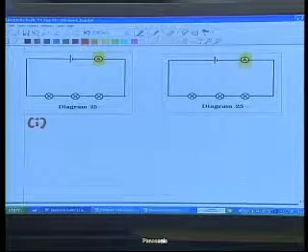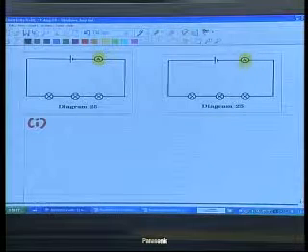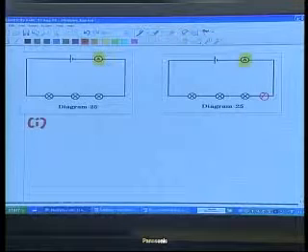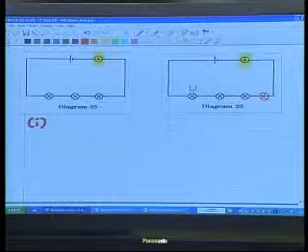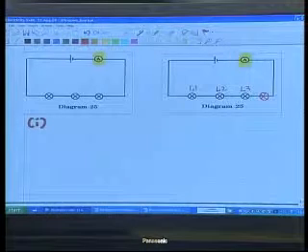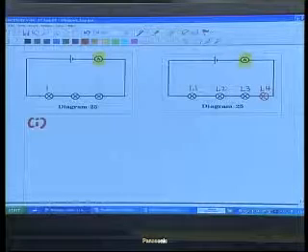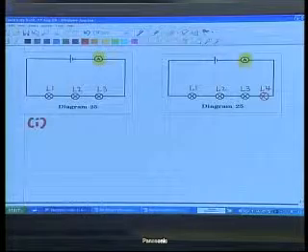In the second one, that is the one when we add the bulb. I'll use a different color so you can see it. I add another bulb here. So I call this L1, L2, light bulb 3, light bulb 4. This is light bulb 1, light bulb 2, light bulb 3.